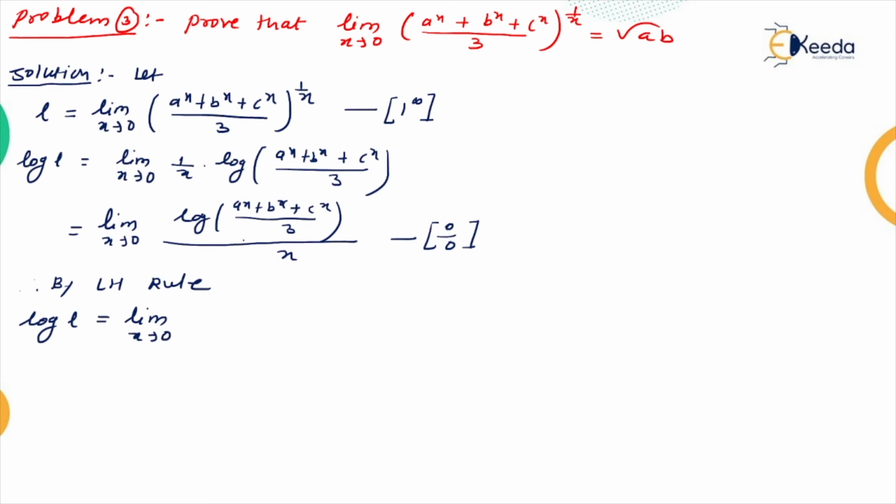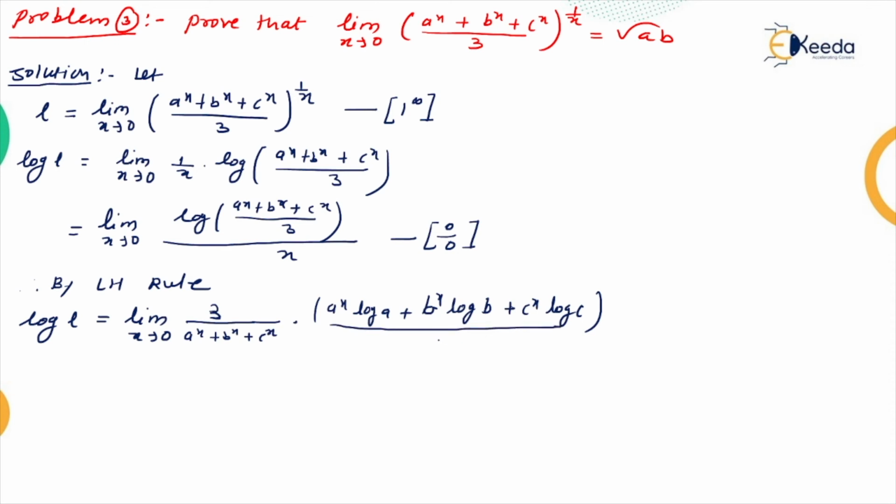The derivative of log is 1 by x, so this can be written as 3 upon (a^x + b^x + c^x) into the derivative of a^x + b^x + c^x. The derivative becomes a^x log a + b^x log b + c^x log c, and total divided by 3.